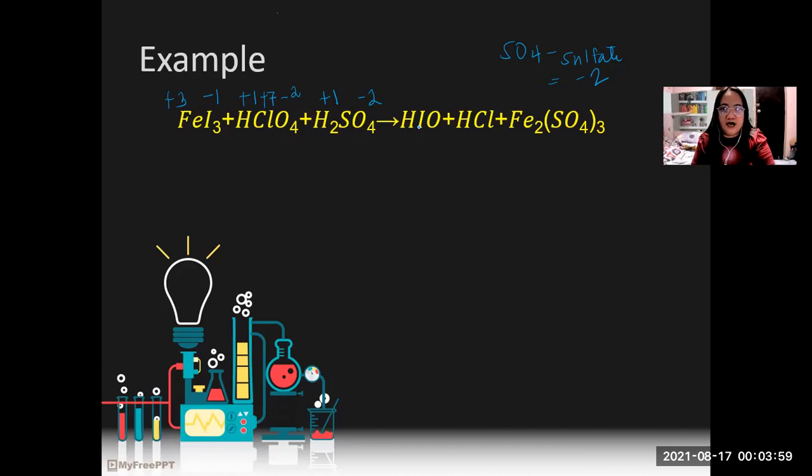Now for HIO, we know that oxygen is -2, hydrogen is +1, therefore we also know that here iodine is +1. So what about HCl? We know that H is +1, therefore Cl is -1. SO4, we know that's -2 times 3, that's -6, divided by 2, that's 3. So this is +3 still.